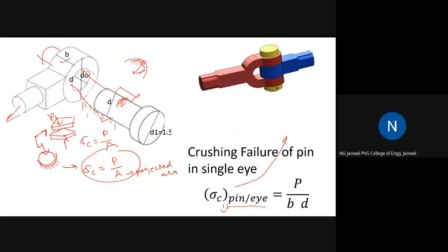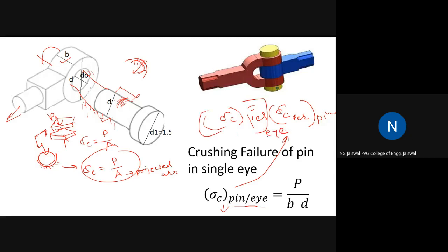Which two options? Either I may have sigma C permissible, that is crushing stress permissible for pin material, or I can have sigma C permissible for I material.